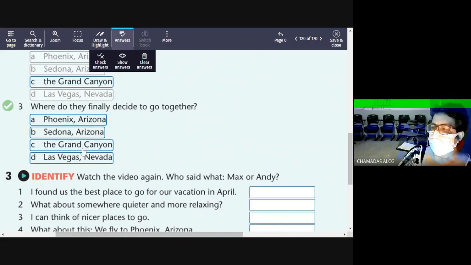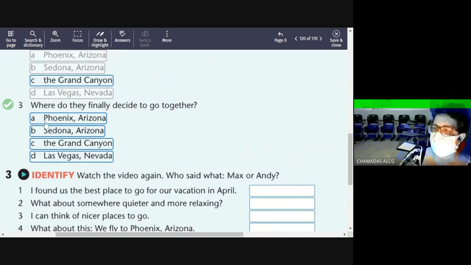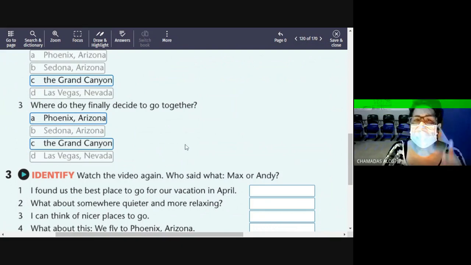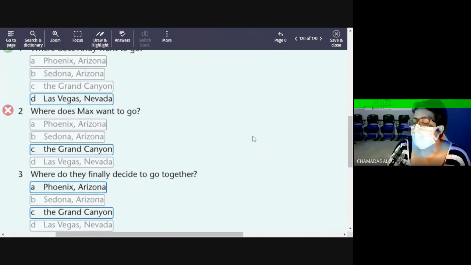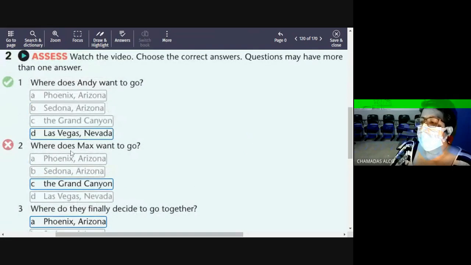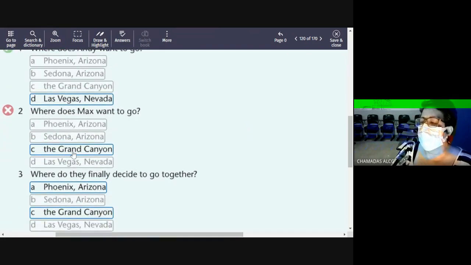Okay, so this is not right. So just Phoenix and Grand Canyon. We can even put Sedona, Arizona, because it's near, but not Las Vegas, because Max doesn't want to go to Las Vegas. Okay, people? All right? And here, the first one, Las Vegas, and the second one, the Grand Canyon. All right, people?